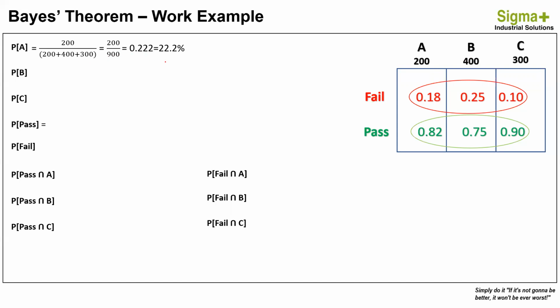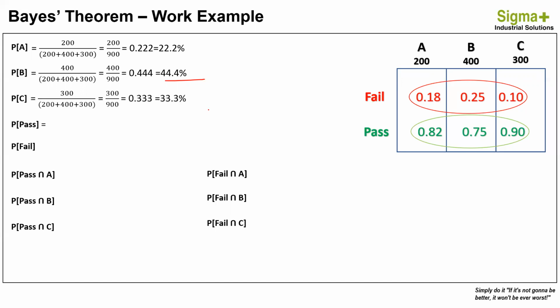So 22.2% is the probability that the product is an A type. The same goes for product B, which is 400 divided by 900, equal to 44.4%, while for product C the probability is 33.3%.